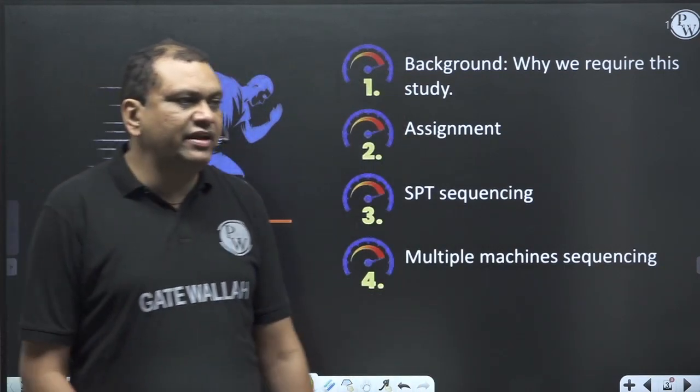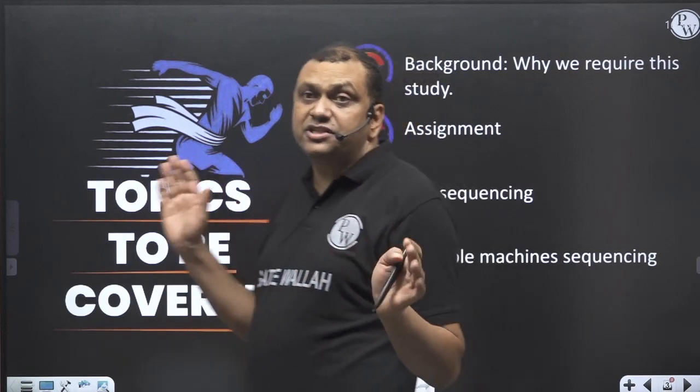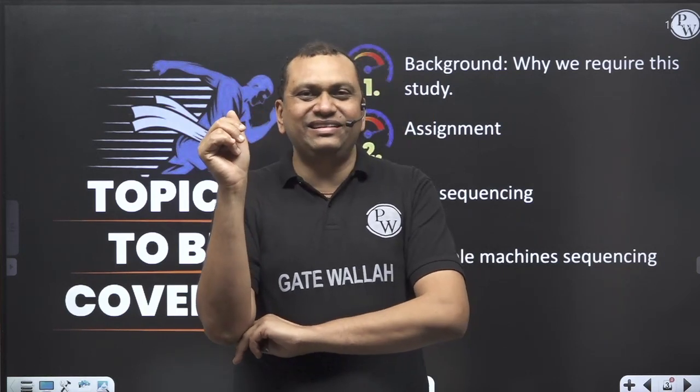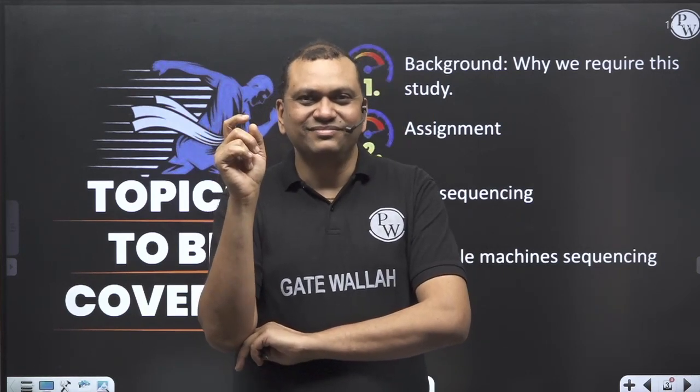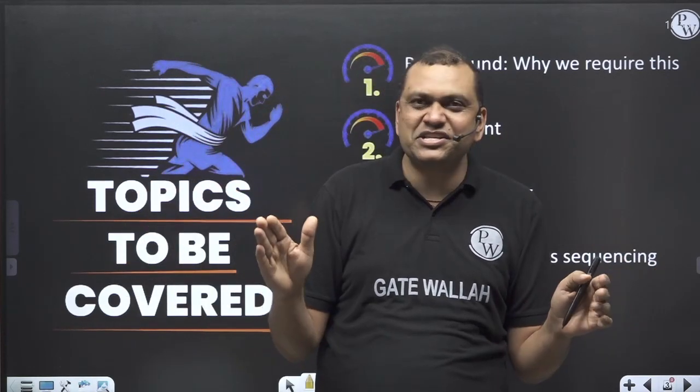So this is a very small topic of industrial engineering. The good thing about this topic is that variety is not possible. In the first 4 lectures of industrial engineering we have done graphical, then simplex, then transportation.